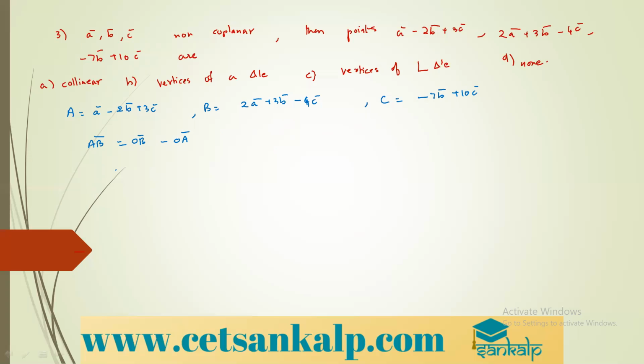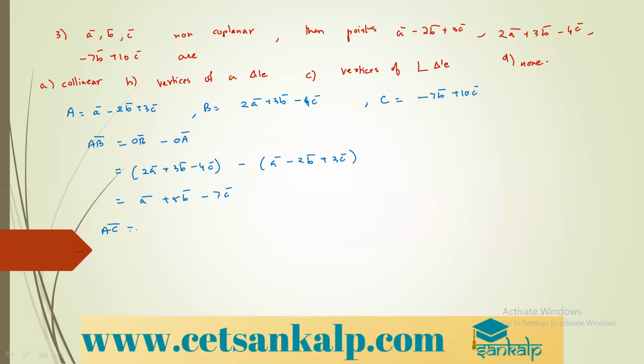OB vector is 2A plus 3B minus 4C, minus OA vector, which is A minus 2B plus 3C. So we get A plus 5B minus 7C.